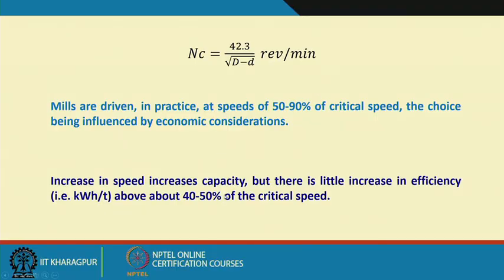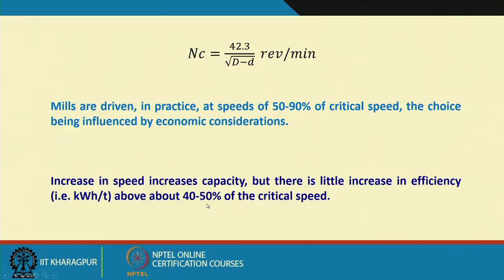Increase in speed increases capacity, no doubt, but there is little increase in efficiency above about 40 to 50% of the critical speed, because if you increase too much, your recycled load will be very high and your fresh feed input will be less. So, your entire process may be less efficient in terms of capacity also.